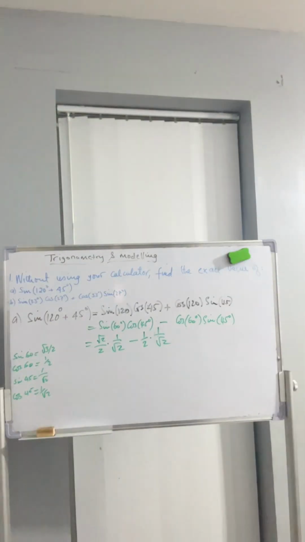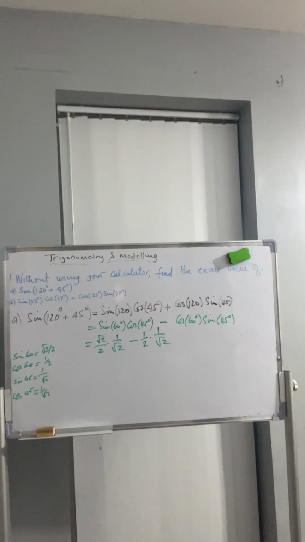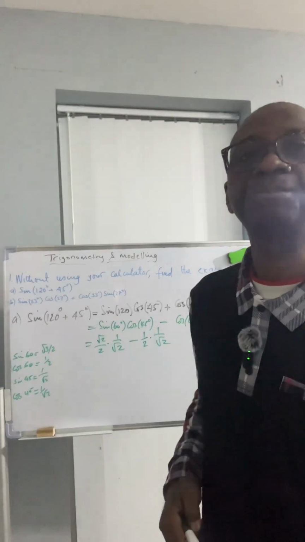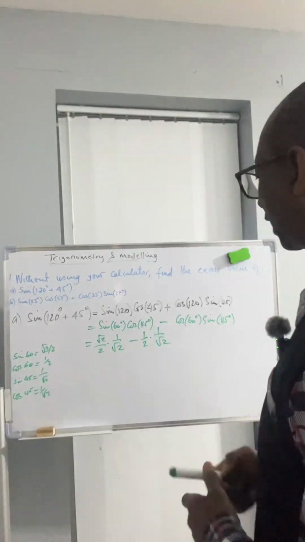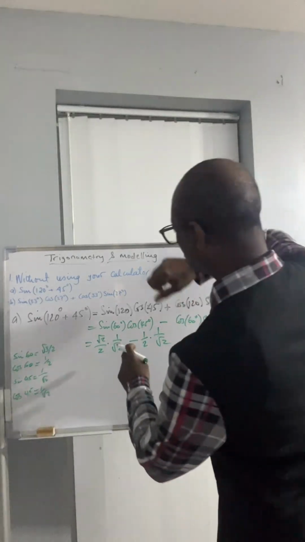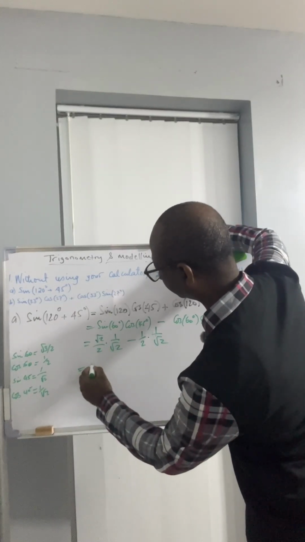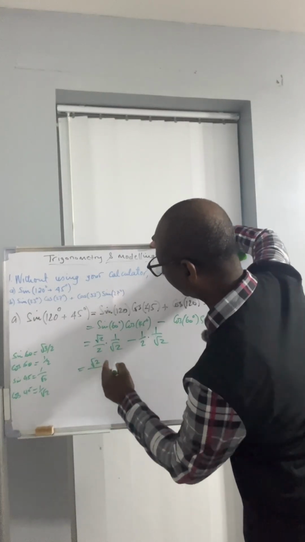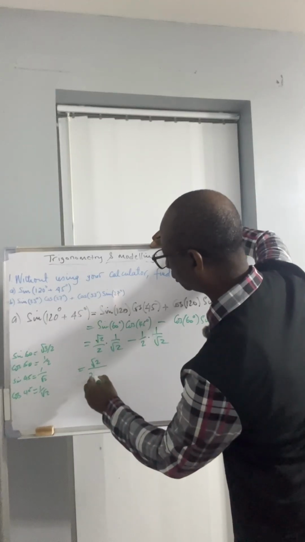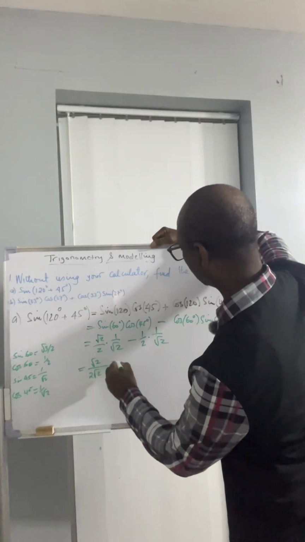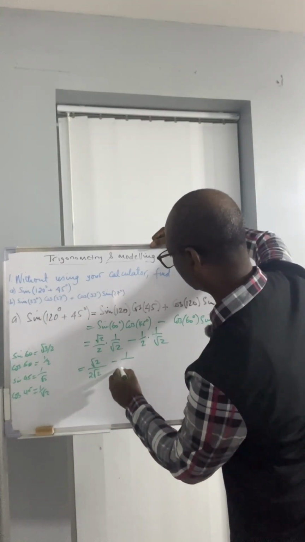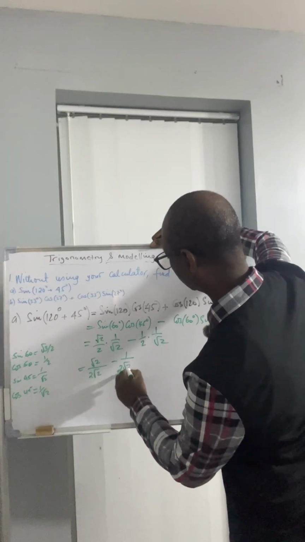Anytime you have a surd that appears in the denominator of the problem, you must rationalize it. So here, you're having root 2 divided by 2 root 2 minus 1 all over 2 root 2.